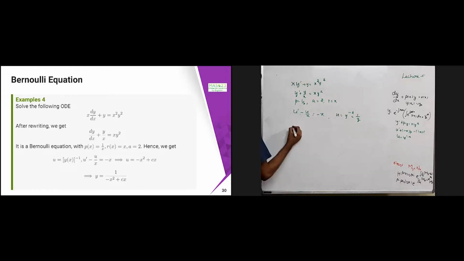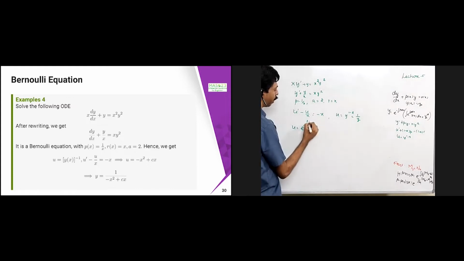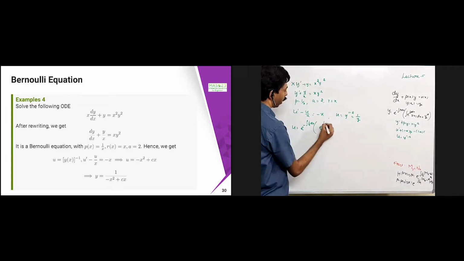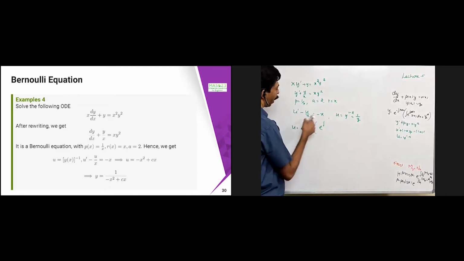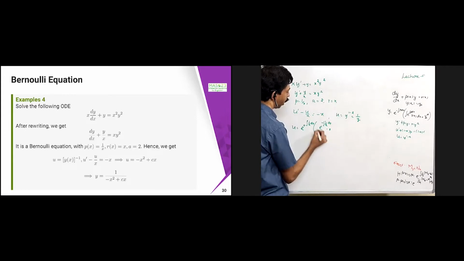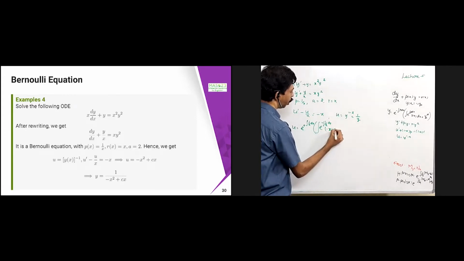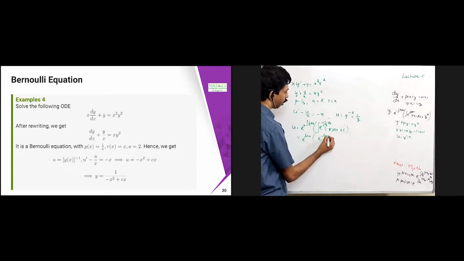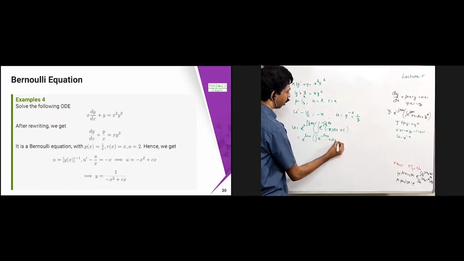If you solve this problem, u is going to become e power minus integral p dx, so it is going to be 1 by x dx, okay, into e power integral, once again minus and minus plus will come. So here it is going to be minus 1 by x into dx into r of x, which is nothing but minus x, okay, integral minus x into dx plus some constant is going to come. Therefore this is going to become e power ln x, and this is going to become e power minus ln x into minus x dx plus c is going to come.